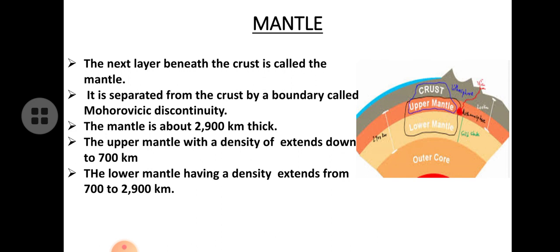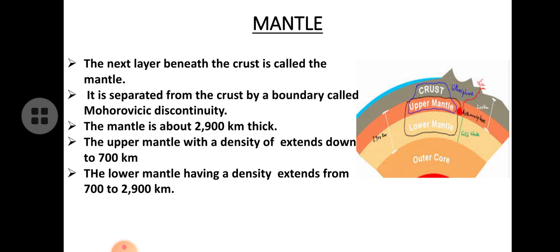Now let's move on to the next layer of our earth, which is called mantle. The mantle is located below the crust. The crust and mantle are divided by a boundary.